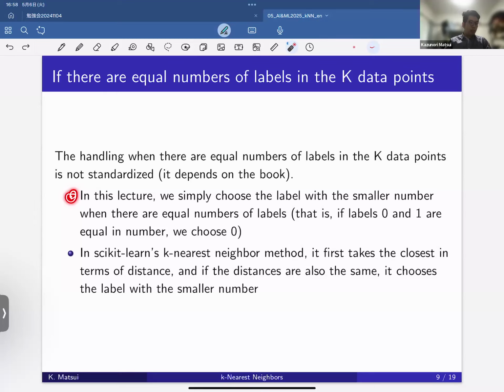That is, if levels 0 and 1 appear equally often, we choose 0. In the scikit-learn machine learning library, the implementation of the k-nearest neighbors method first selects based on the smallest distance. And if distances are also the same, it chooses the level with a smaller number.